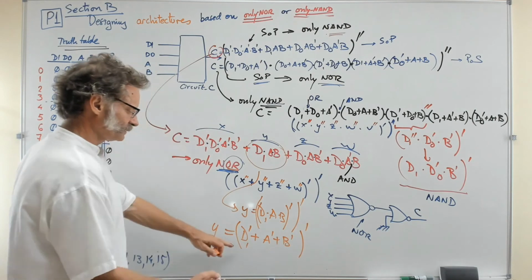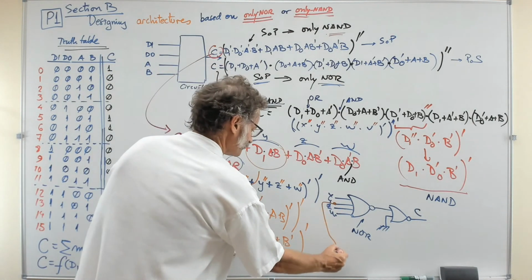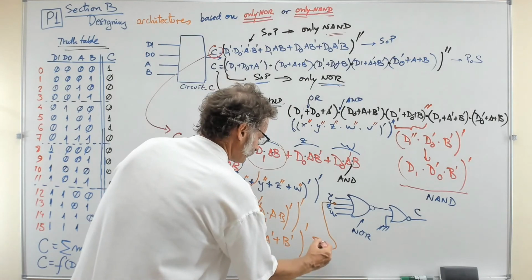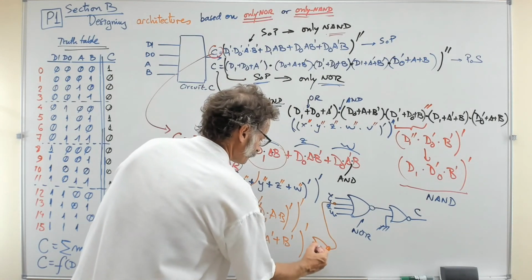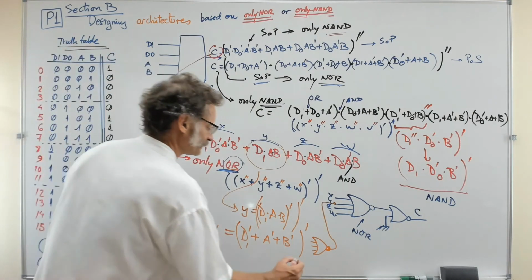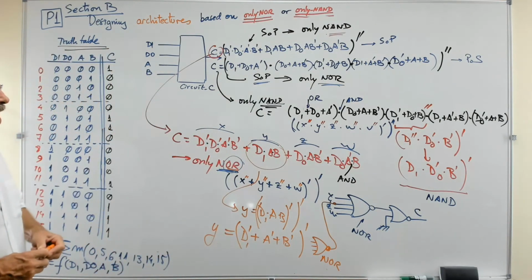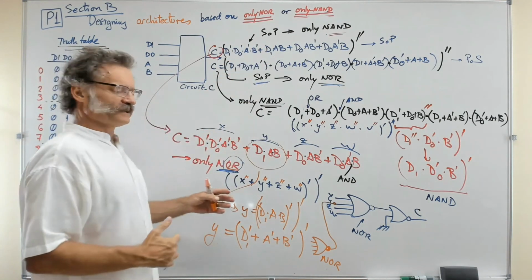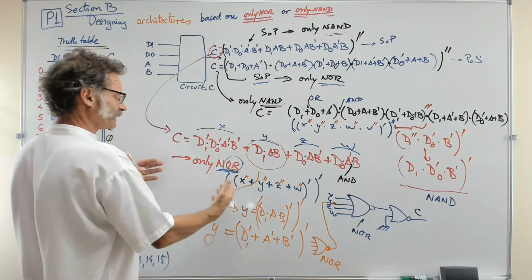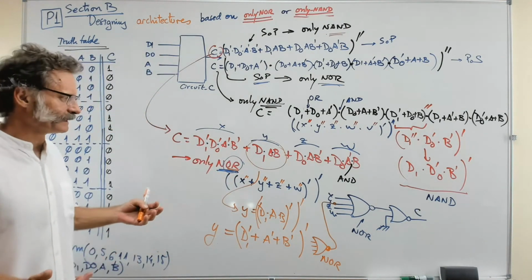So what is this if not something to connect here, which is nothing but another NOR of 3 inputs. So that's the point, another NOR of 3 inputs, so that's the solution. Whatever the expression you have, there is always this possibility to get what you want, a final circuit based on only NOR or only NAND.